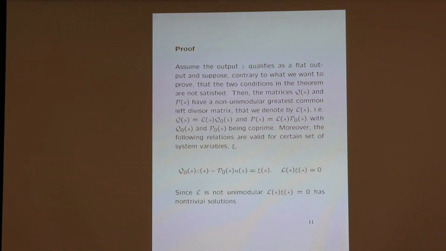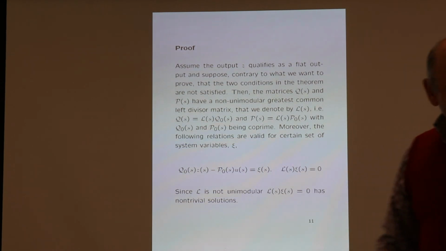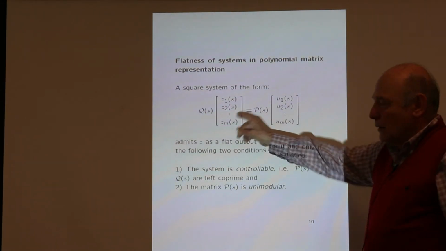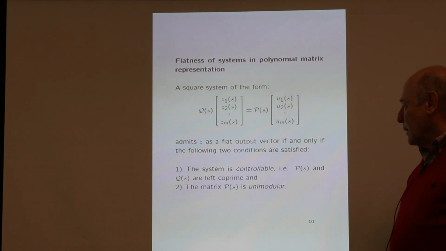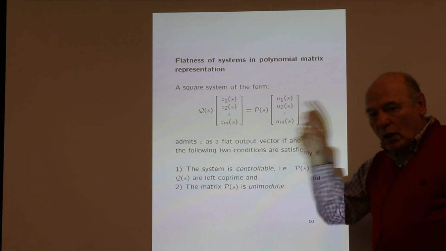That's how the contradiction goes. So suppose that C is a flat output, but that none of these conditions are satisfied. I mean, P and Q are not left coprime, and P is not unimodular.